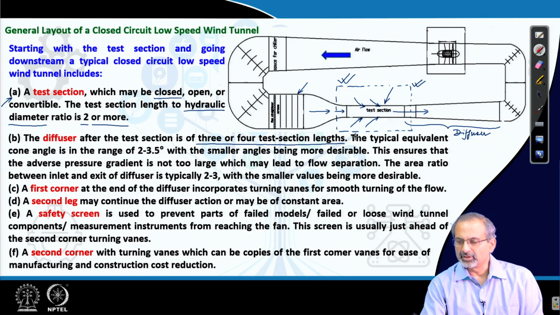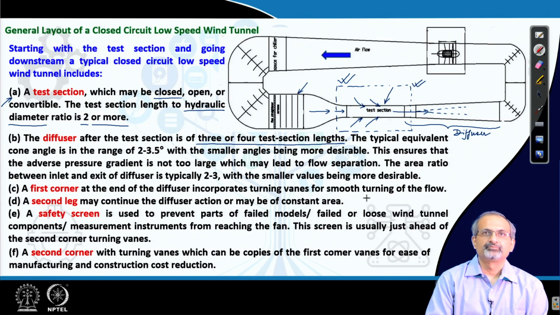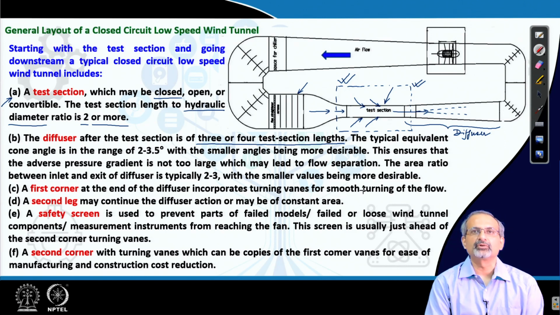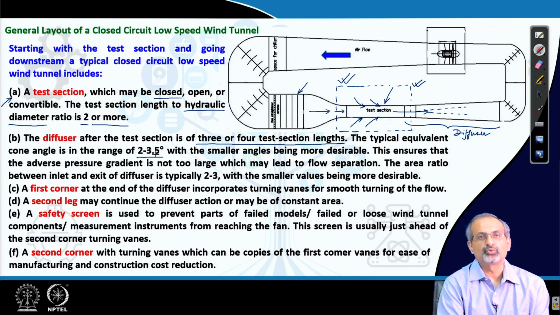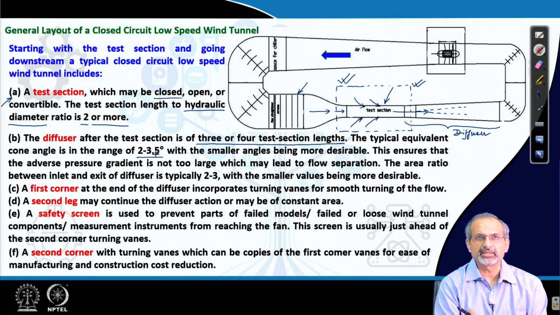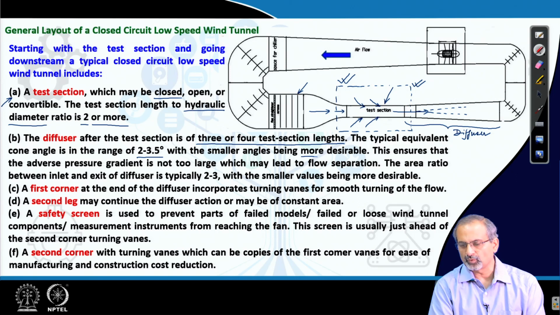And then if you imagine that there is a kind of cone emerging from here, because it is a divergence that you are looking at, the typical cone angles are in the range of 2 to 3.5 degrees, which is a very shallow increase. And the smaller angle range is more desirable. Why is it?